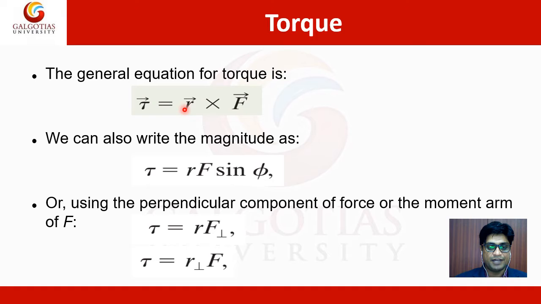If the applied force and distance are perpendicular, then the torque will be maximum. Or we can say, using the perpendicular component of the force at the moment arm, tau equals r F perpendicular, or tau equals r perpendicular times F. So we can write the equation of torque in this way also.